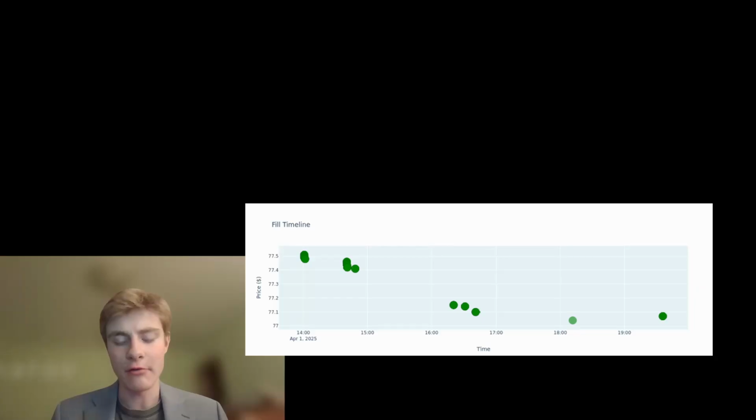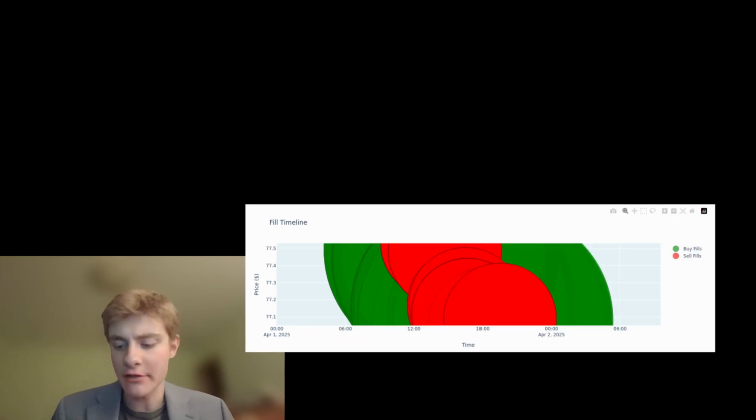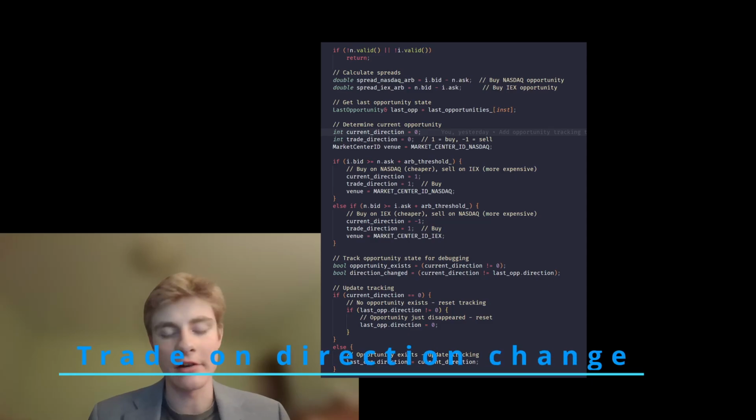All right, one of our other variations on the trading strategy was the aggressive venue arb strategy. Now, one of our worries was that we weren't sending that many orders, and then the other one is that we're sending too many orders. So in the aggressive variation of the venue arb strategy, we only trade when our last arbitrage opportunity actually changed direction, because that way we avoid hitting the same arb, same quote, avoid sending the same load of orders, which results in confusion and unpredictability, which we don't like.